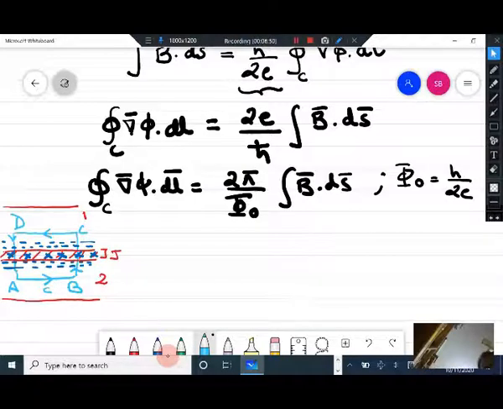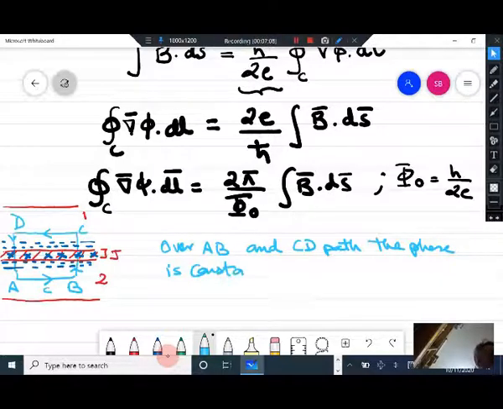Now over AB and CD path, the phase is constant, as they are in the superconductor.